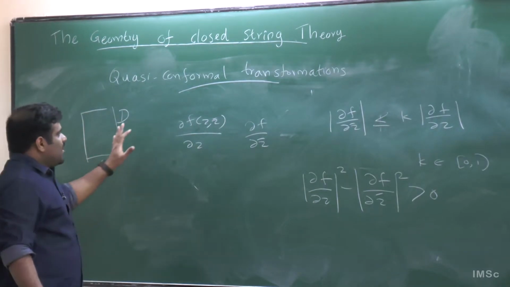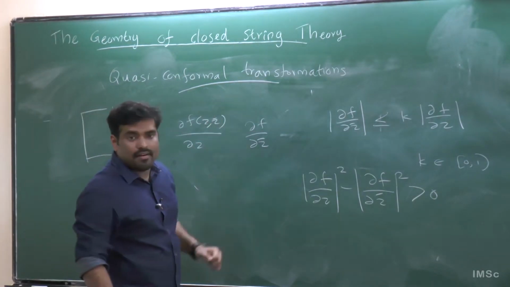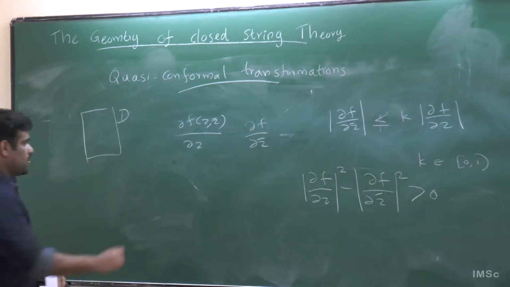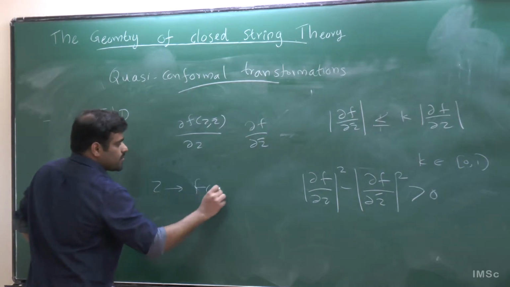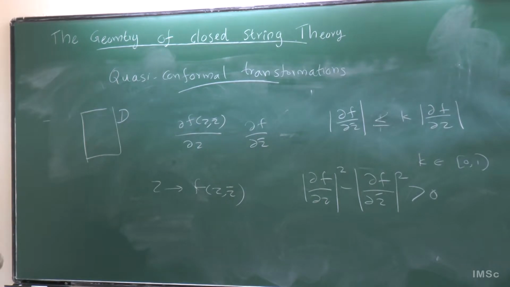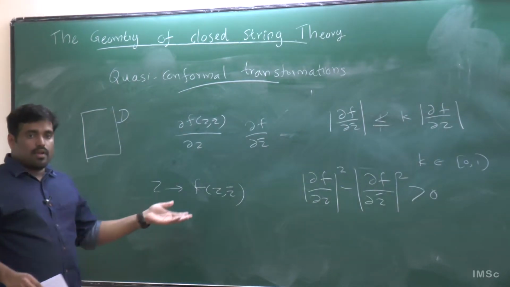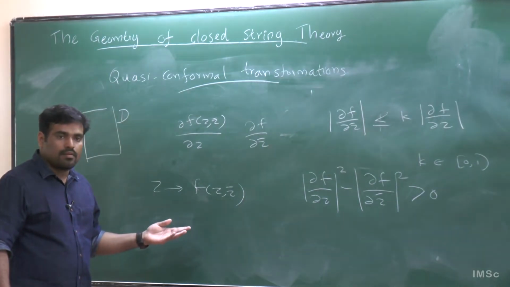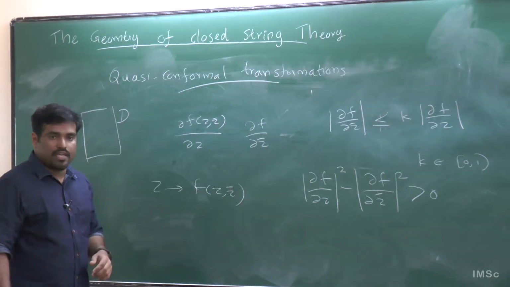The transformation is z going to f of z, z bar. It's not necessarily a conformal transformation. It can be conformal, or it can be a transformation that is not conformal as well. It's a transformation which keeps the orientation fixed.